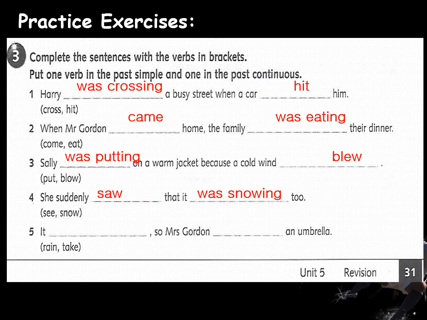Did you get it correctly? Let us now move on to the last one. It blank, so Mrs. Gordon blank an umbrella. So did you say was raining and took? Good, if you did so. It was raining, so Mrs. Gordon took an umbrella.